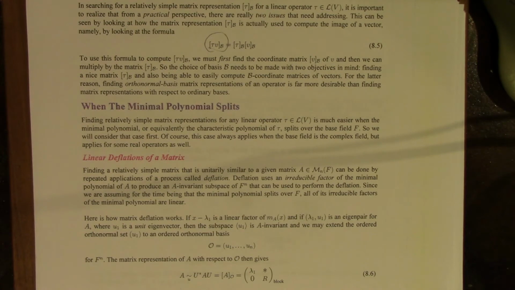So we're going to consider that case first. Of course, if the base field is the complex field, all non-constant polynomials split, so we don't have to worry. But when the base field is the real field, some non-constant polynomials will split and some will not. So it becomes an issue.